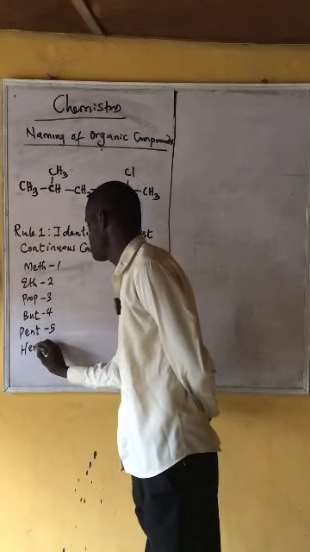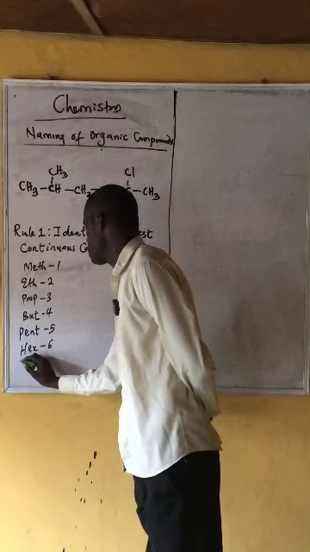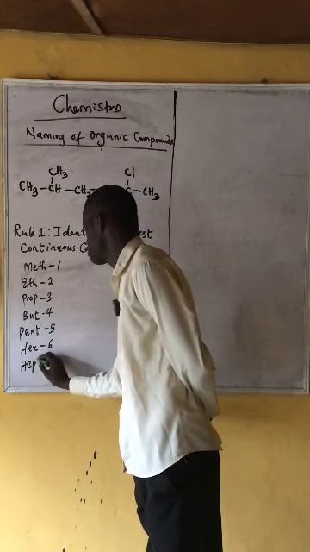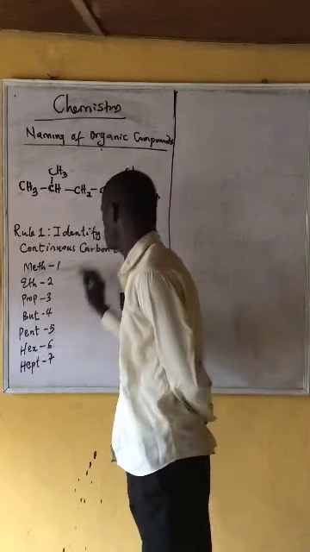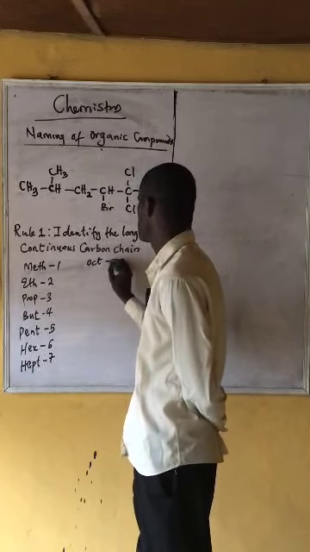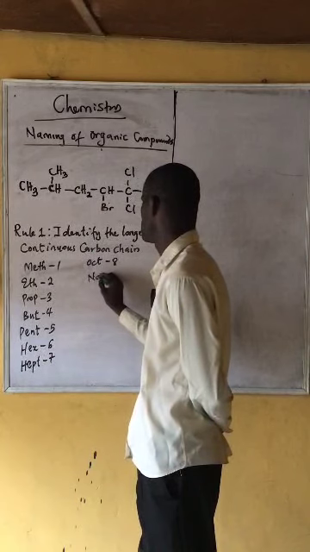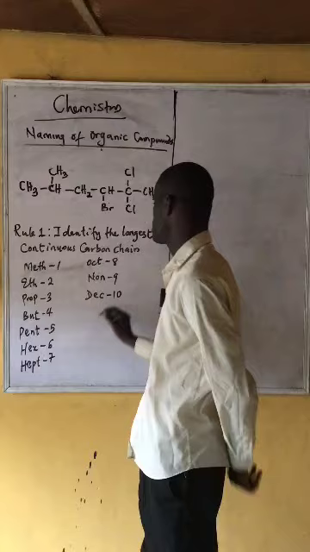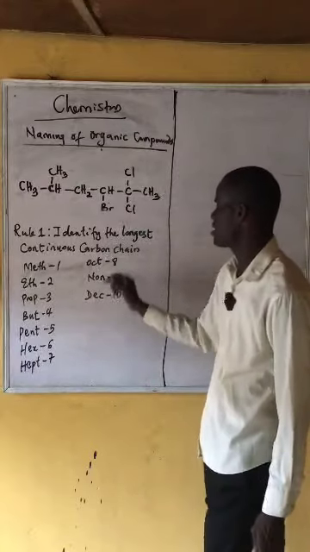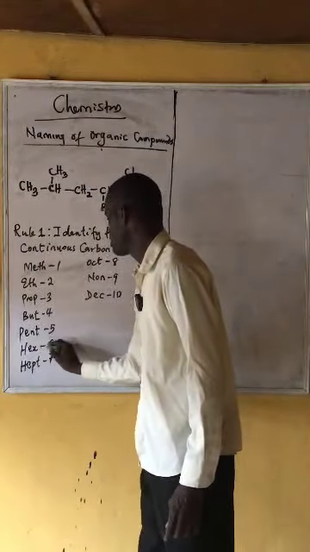Hex is 6. Hept is 7. Oct is 8. Non is 9. Dec is 10. So since there are 6 carbon here, that means this is a hexane.